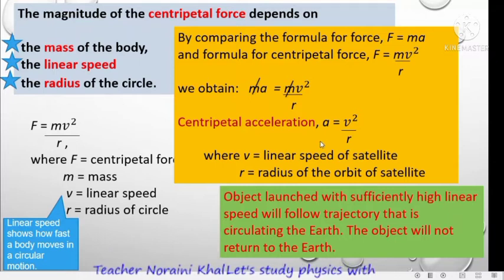For all objects orbiting or moving in a circle, they experience centripetal acceleration directed to the center of the circle. v is linear speed, r is the radius of the orbit of the satellite. An object launched with sufficiently high linear speed will follow a trajectory circulating the Earth. The object will not return to the Earth.